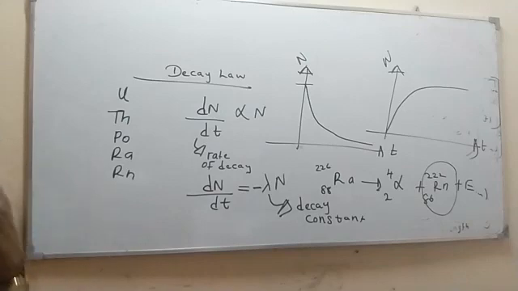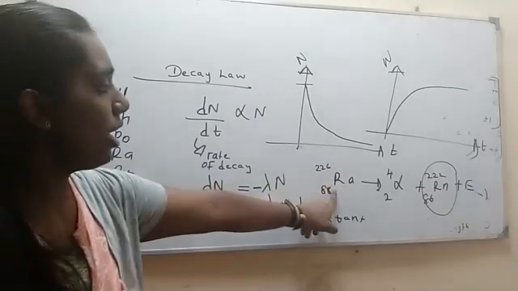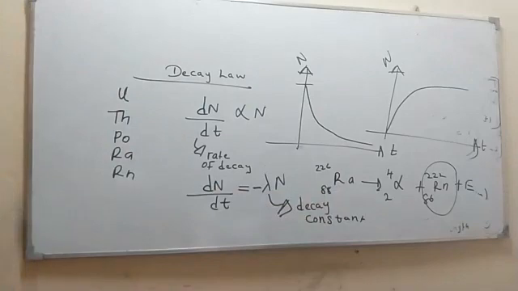In order to become stable, it emits an alpha or some beta radiation and converts into radon. Radon we call the daughter nucleus, and radium the parent nucleus. If radon is also a radioactive element, it will also emit something and convert to some other element.